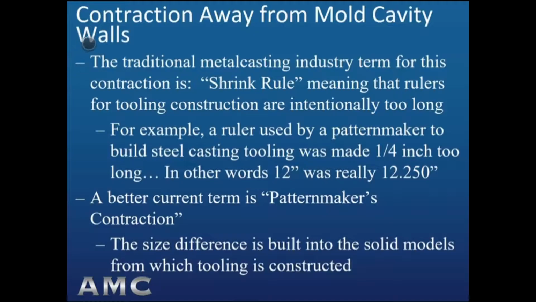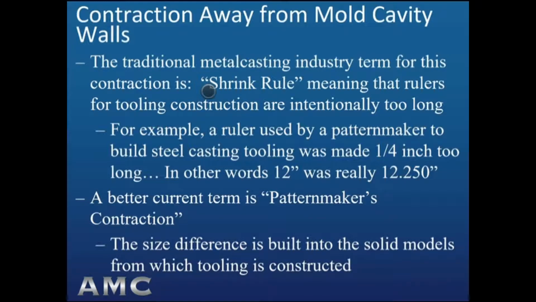Contraction away from mold cavity walls. Well, traditionally, the metal casting industry term for this contraction, which occurs after a casting has become solid and begins getting smaller, is not solidification shrinkage, but it is a dimensional shrinkage that occurs in the solid state.